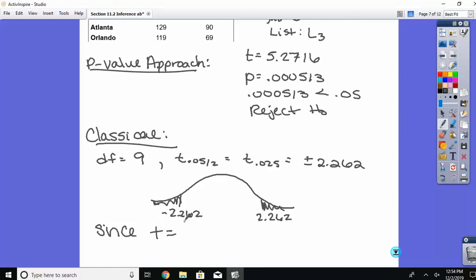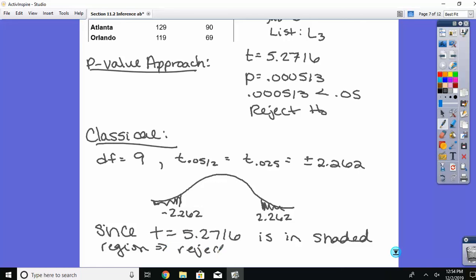We found our T value up here to be 5.2716. So that would tell me we reject. So that's your classical.